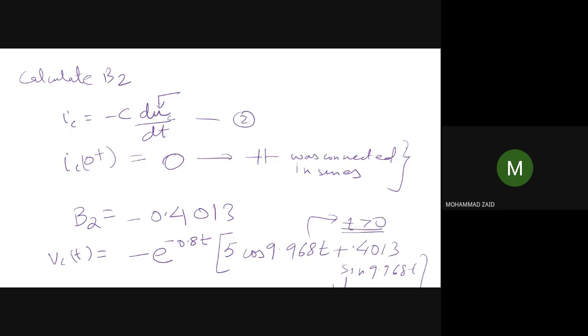If you simulate this in your Simulink, you will get some kind of voltage waveform like this. The capacitor was having an initial voltage of minus 5 volt. So you can say this is minus 5 volt, this is 0, and this is 5 volt.